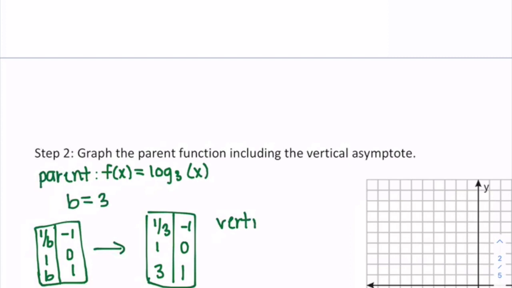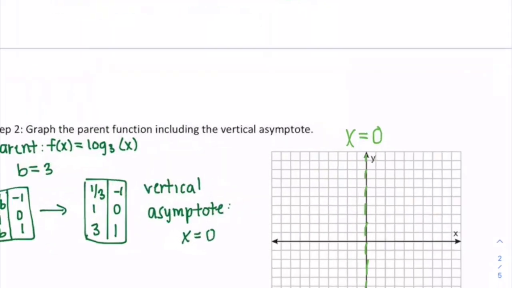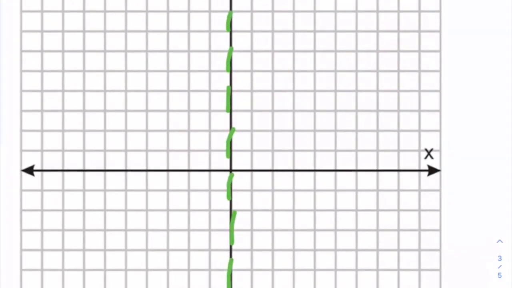And as always, our vertical asymptote for the parent function is x equals 0. So let's draw in that vertical asymptote as a dotted line. And then we want to put the 3 key points from our table onto the coordinate plane.